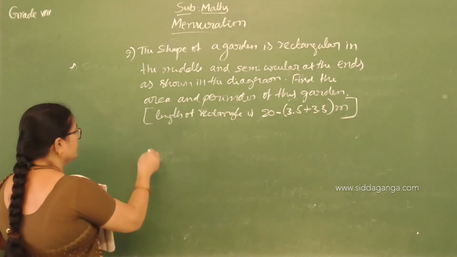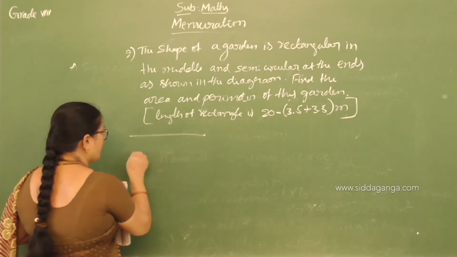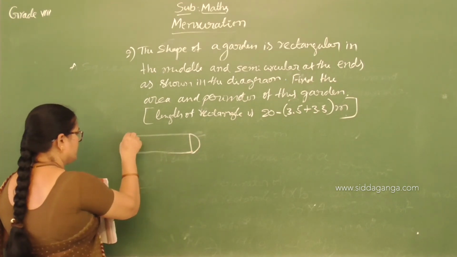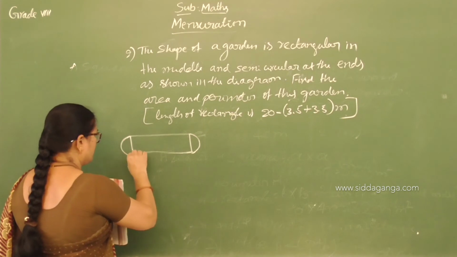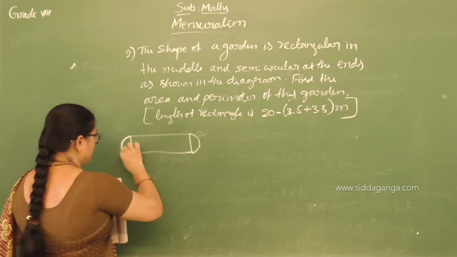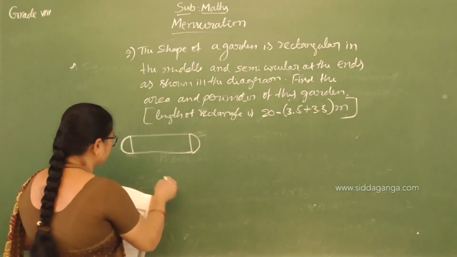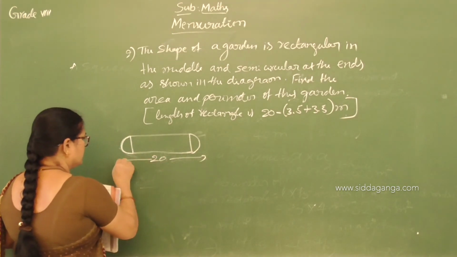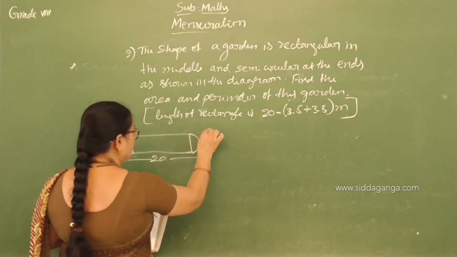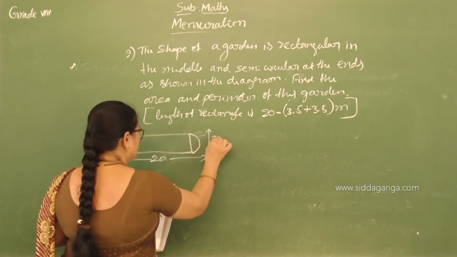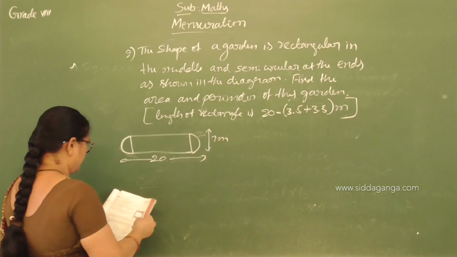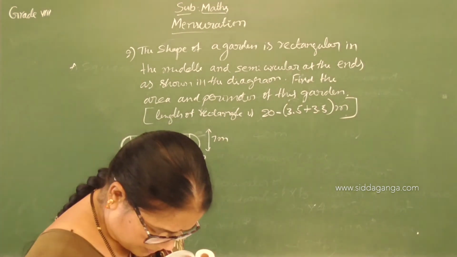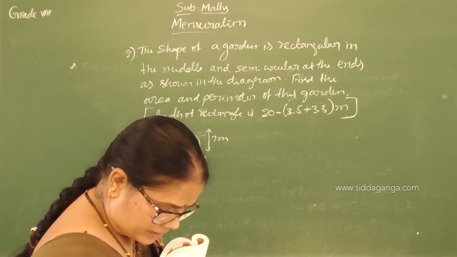So I can draw the figure. Here 20 meters, and this one is 7 meter. Here we have to find out the area and perimeter of the figure.